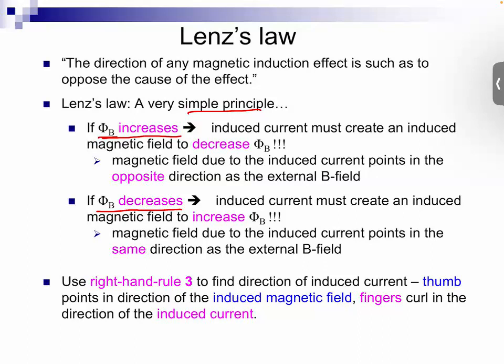These orange straws are magnetic field lines pointing into the page. They're different colors, meaning they're pointing in opposite directions. So an induced magnetic field is created in the loop, and its purpose is to cancel out the increase in the magnetic field.